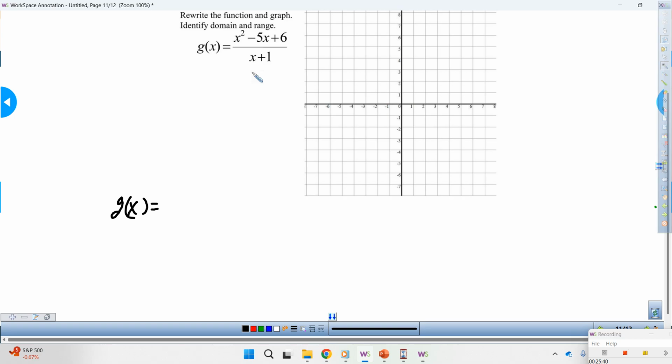All right, Caesar, g of x equals 12 times 1 over x plus 1 plus x minus 8 minus 6.